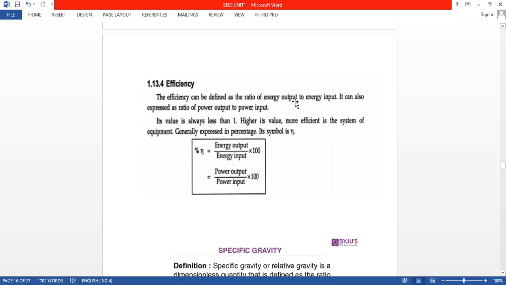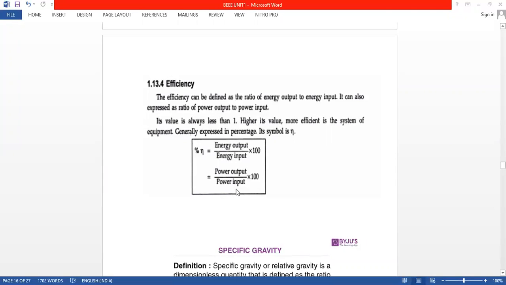Even if you are buying a washing machine or mixie, how well they perform is explained by the efficiency. Mathematically, efficiency is nothing but output power by input power. Any object we are buying must have an efficiency. So what is the formula for efficiency? Output power by input power.